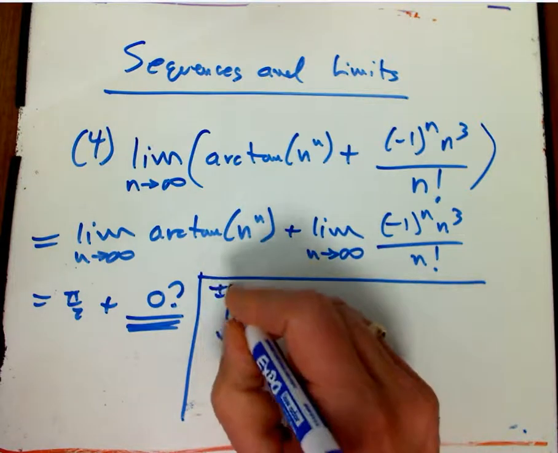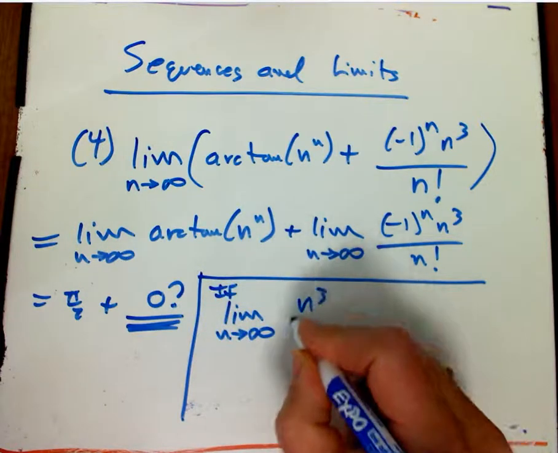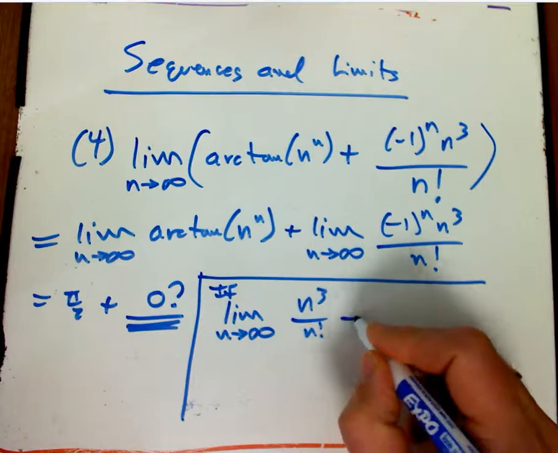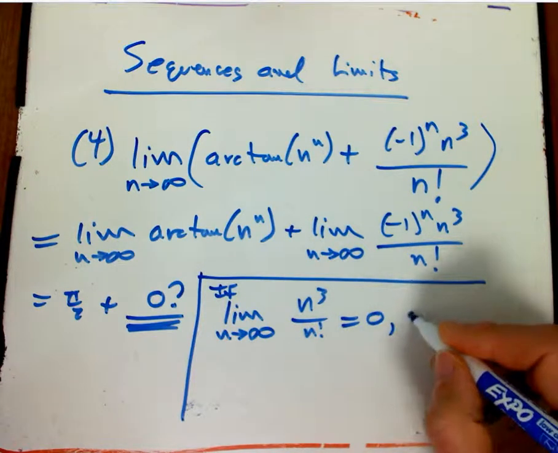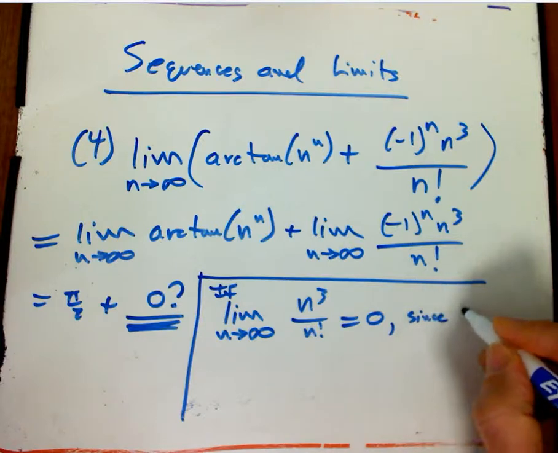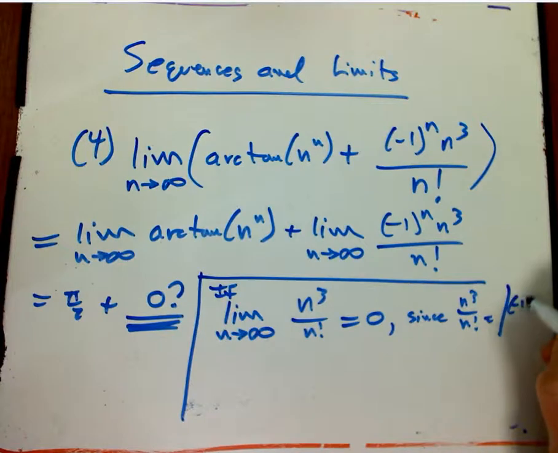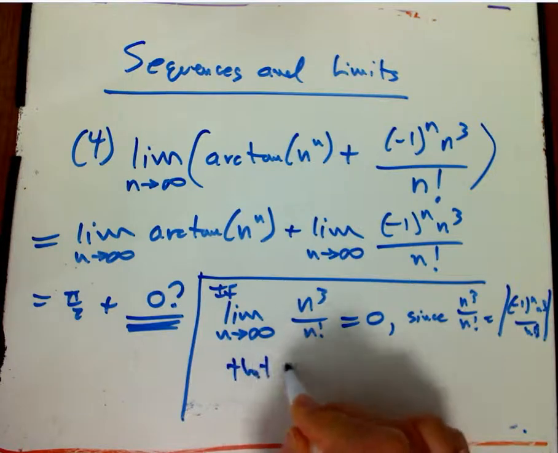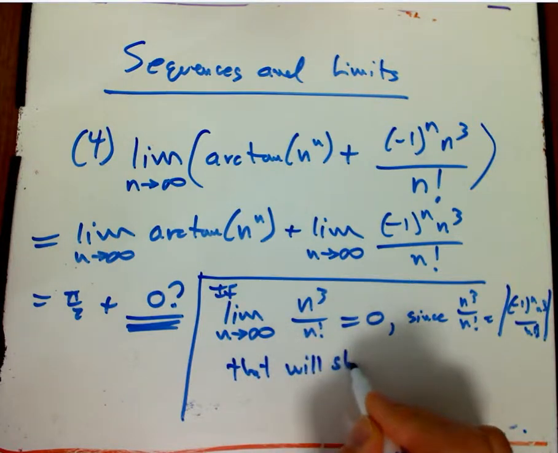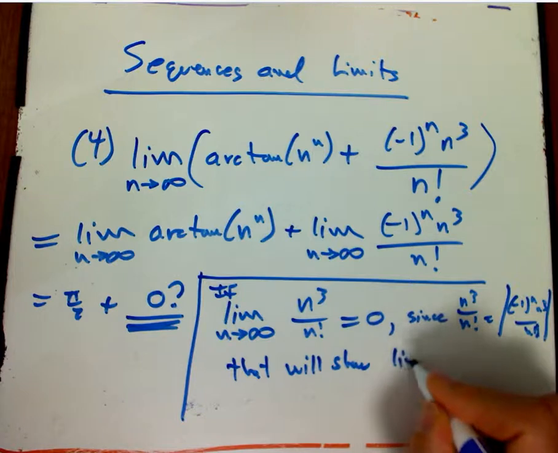So let's say, if I can show the limit of n cubed over n factorial equals 0, well, since that's the absolute value of this guy, n factorial, that will show that the limit with the sign included goes to 0.